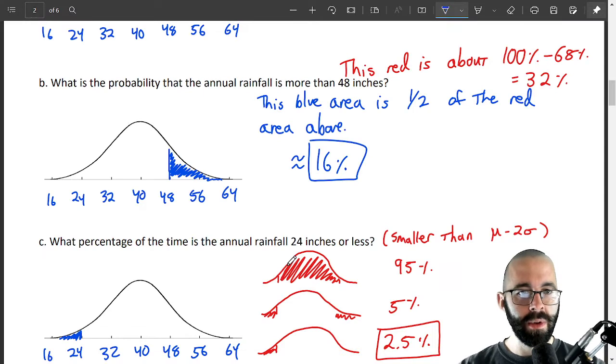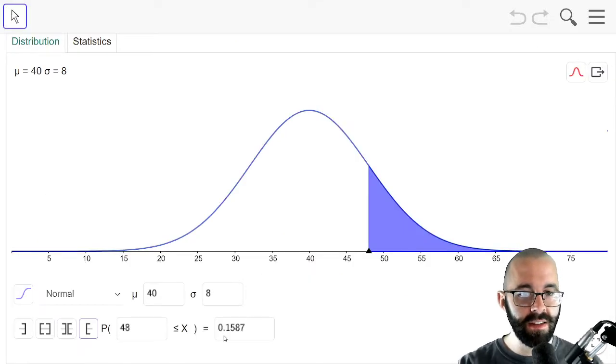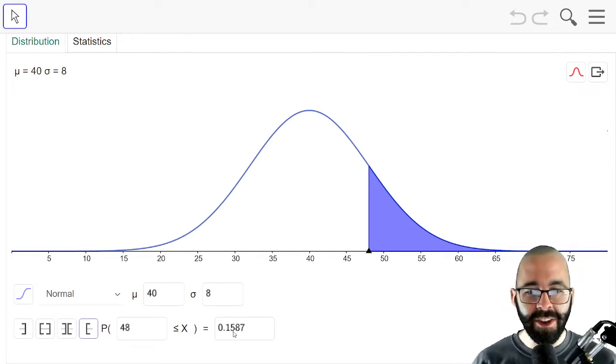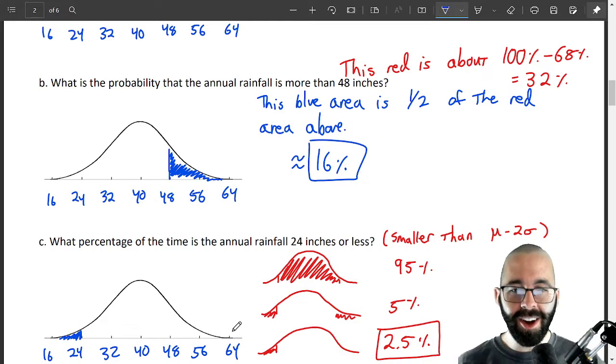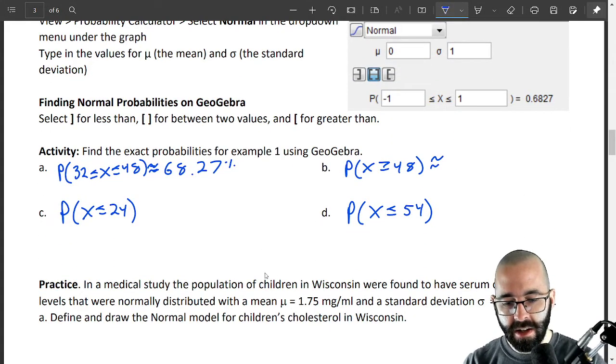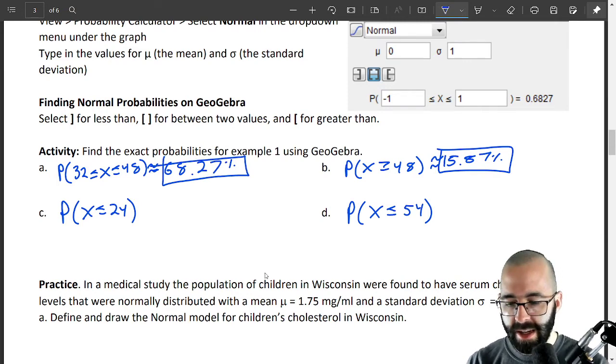Good, our pictures line up. We estimated, using the empirical rule, 16%. The exact is 15.87%. Oh, what a great approximation. Empirical rule is coming in clutch. Powerful, very powerful. Let's keep doing this.